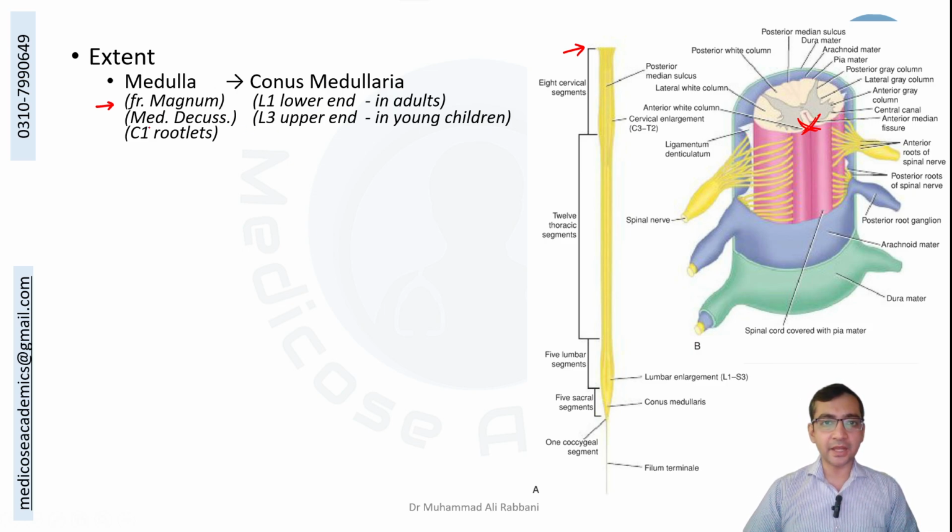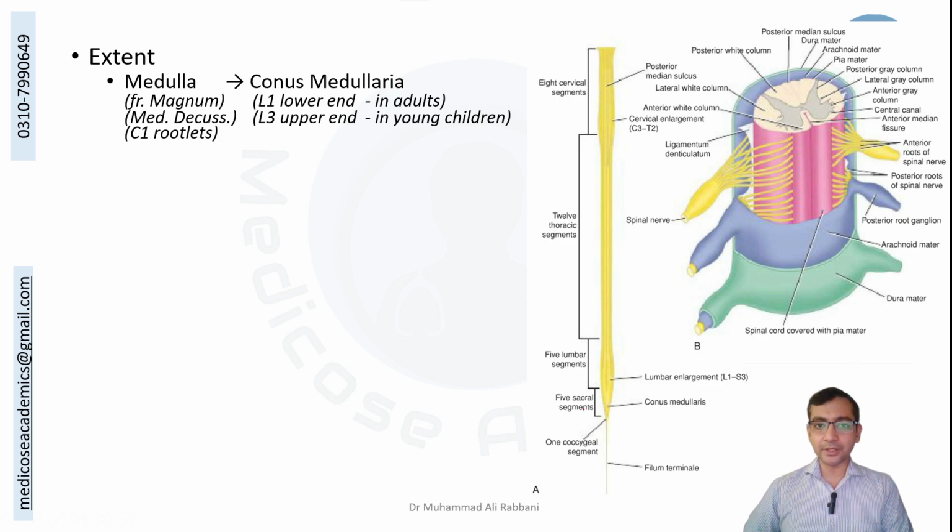So the point where that decussation is present, or last but not the least, the point where the first rootlets of the first spinal nerve, that is the C1 nerve, begin to appear, is known as the starting point of the spinal cord. There are other criteria also, but these are the major ones that we will discuss.